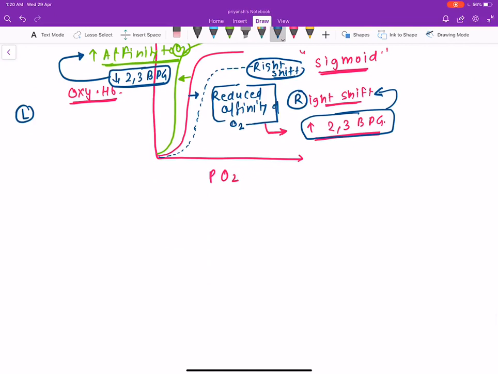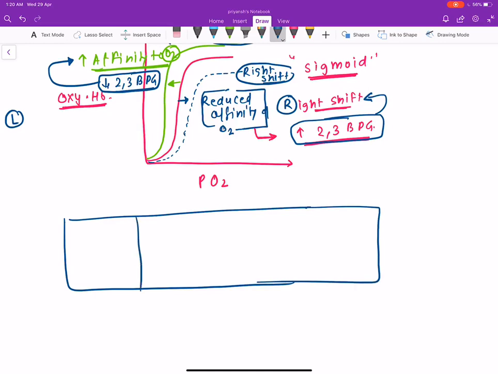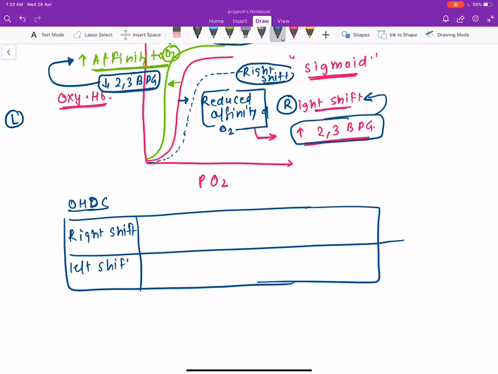So I will summarize this data here. The oxygen hemoglobin dissociation curve can have two shifts, either a right shift or a left shift. What they ask is which factors will lead to a right shift.